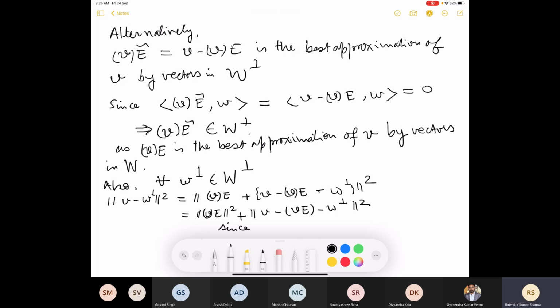The other terms will be 0, since V minus VE, which is V under E tilde, is in the orthogonal complement.